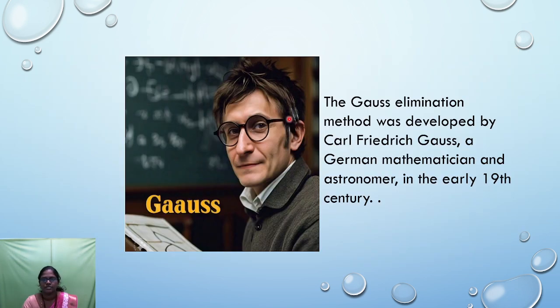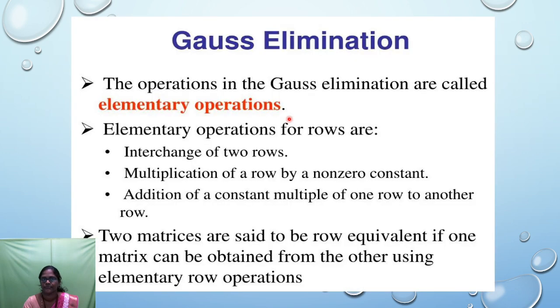The Gauss elimination method was introduced by Carl Friedrich Gauss, a German mathematician and astronomer in the early 19th century. In this method, the operations are called elementary operations.